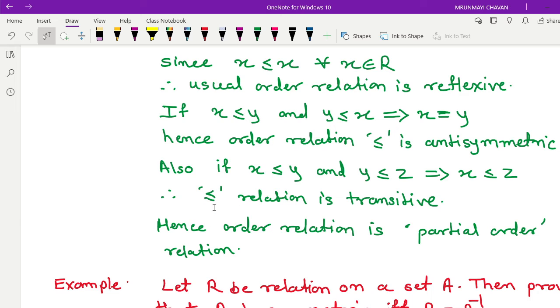Therefore, this order relation is a transitive relation. Since this relation is reflexive, antisymmetric, and transitive, we say that this relation is a partial order relation.